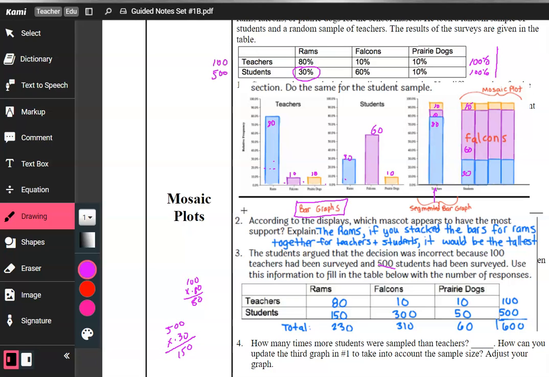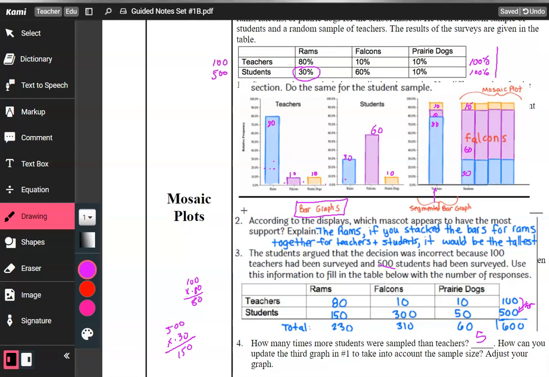Okay, how many more times were students sampled than teachers? So right here we see that there is times five. Students were sampled 5 times more than teachers.